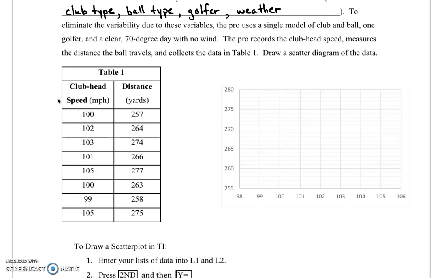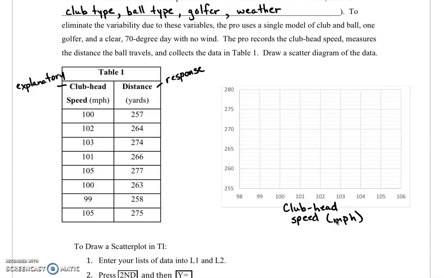So here, our club head speed is the explanatory variable, and the distance is the response variable. So on our horizontal axis, we have club head speed in miles per hour.